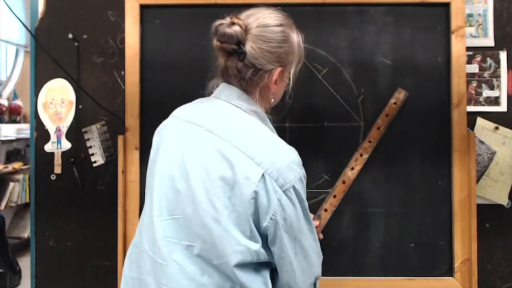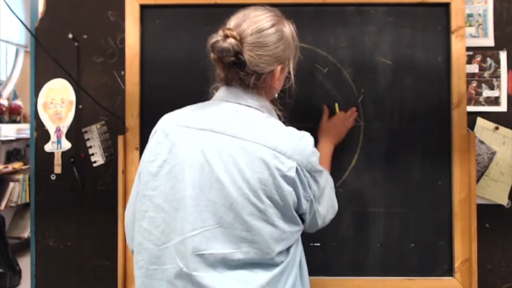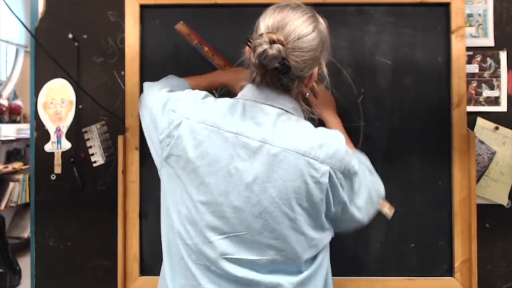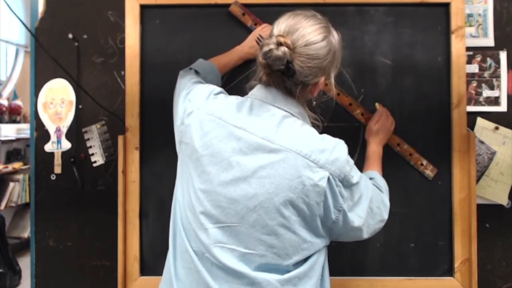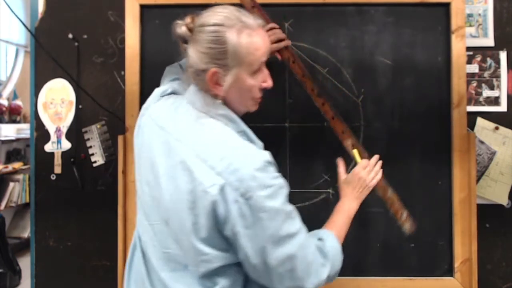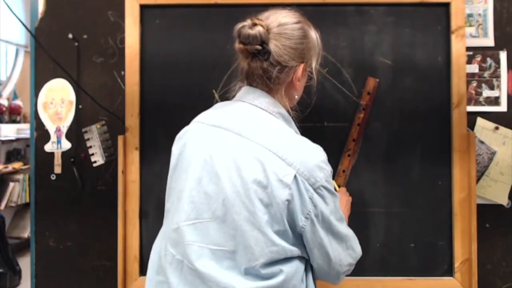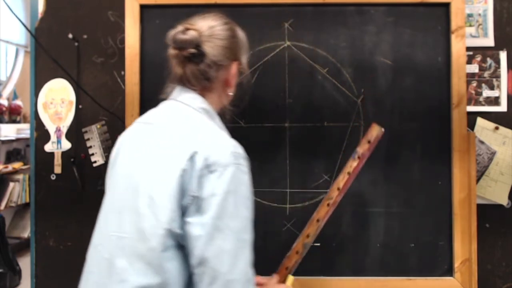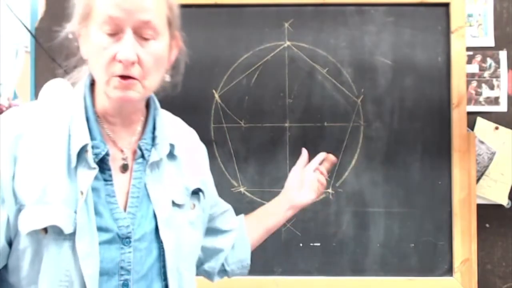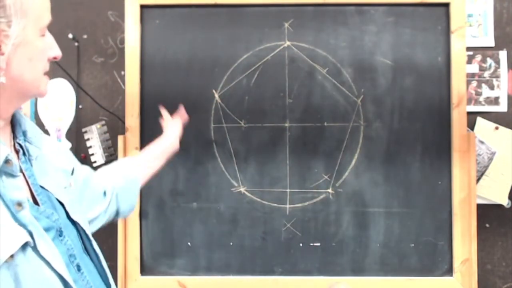Now, in case you're having a hard time following this, remember, you all have little computers in your pockets. They're called cell phones. And you can get all sorts of cool stuff on those cell phones, including how to draw a pentagon inside a circle.